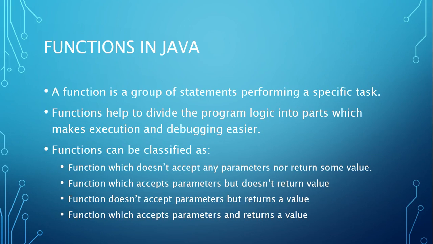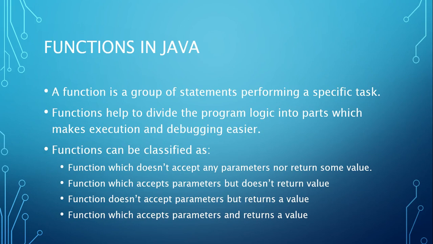The second scenario is that the function accepts parameters but doesn't return a value. Taking the same example, suppose to help my students, I give them my set of notes and ask them to Xerox that copy and use it as their own material.